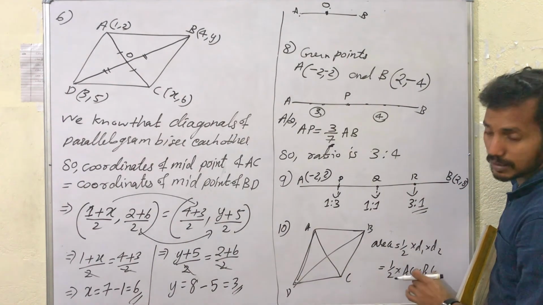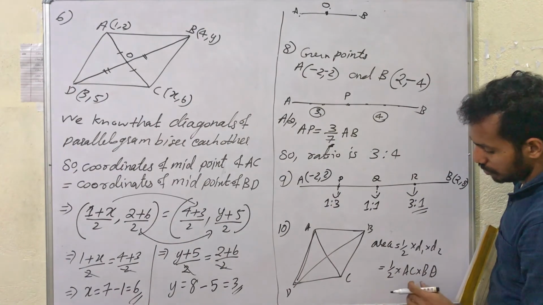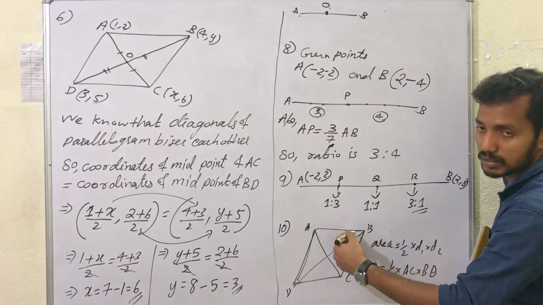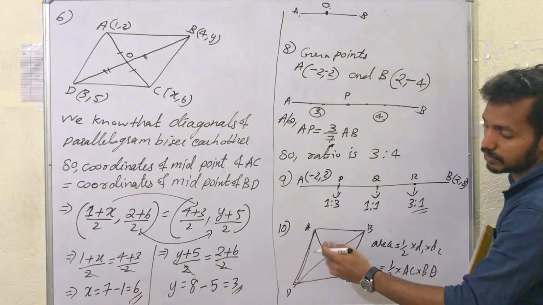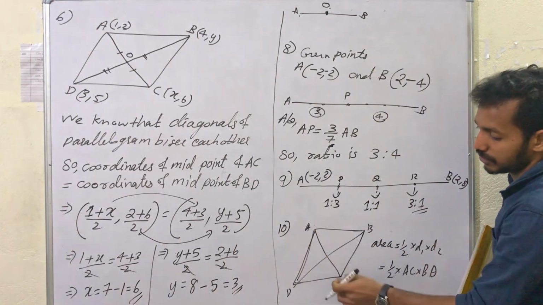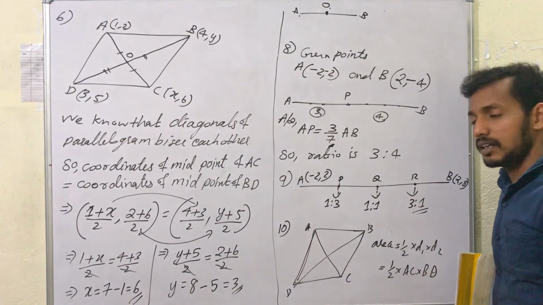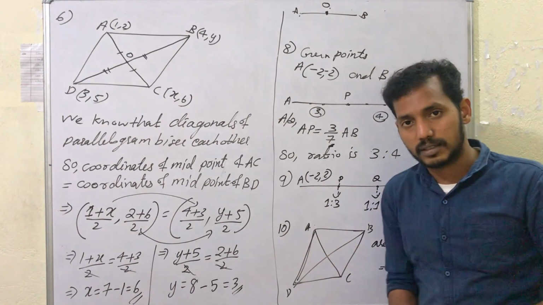How to find AC and BD? By using distance formula, because coordinates of all the vertices are given. So by using distance formula, you can find AC as well as BD. Just substitute here, you will get the area of the rhombus.